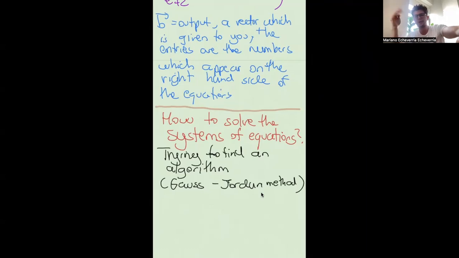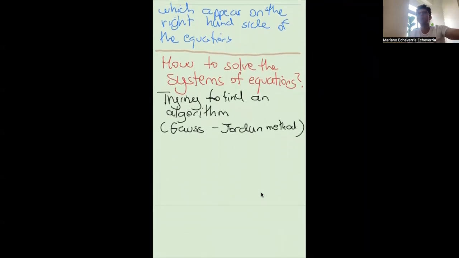I could imagine many people came up with this idea. So I don't know if Gauss and Jordan were the first ones, but many things just get their names because they made a lot of contributions. But if you check textbooks, it would be called Gaussian elimination, or the Gauss-Jordan method, or something of that sort. Also you could call this a row reduction of the matrix, and you'll see why in a second. So it goes under many different names.